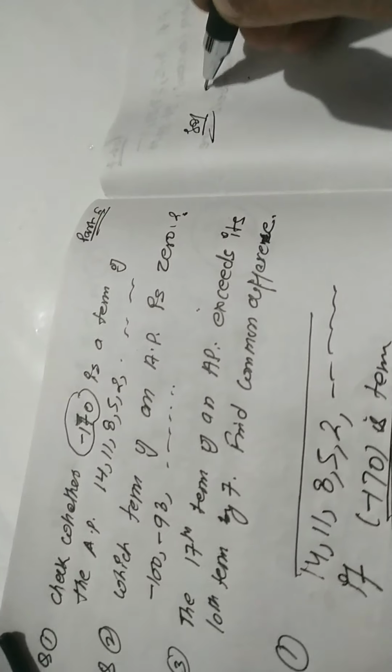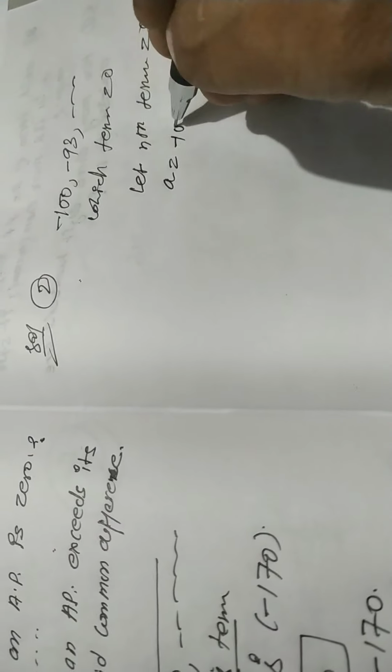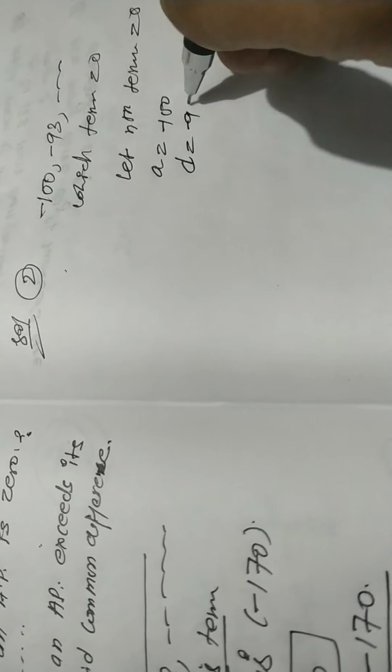Now second, which term of the AP minus 100, minus 93, and so on is 0? Let the nth term be equal to 0. Again, a is equal to minus 100 and d is equal to minus 93 minus 100, which is minus 93 plus 100, equal to 7.